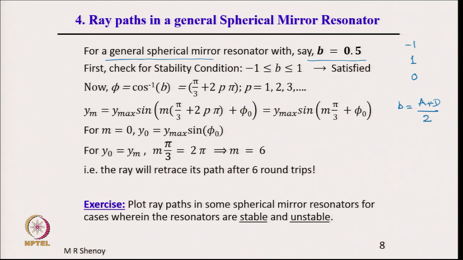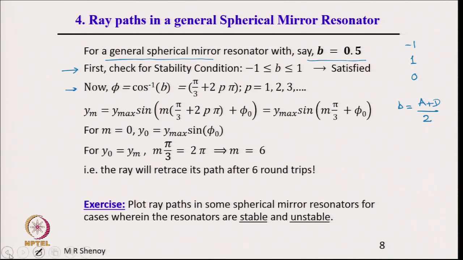Given a resonator, you know what is the ray transfer matrix elements A and D, therefore, you know what is B. If you know B, then first check for stability condition, that is B must be between -1 less than or equal to 1. And now phi is equal to cos inverse of B.